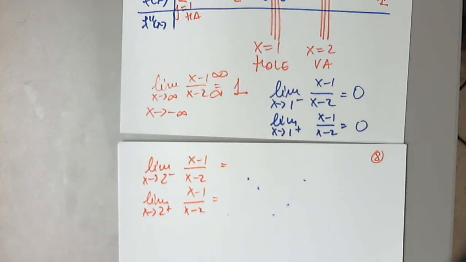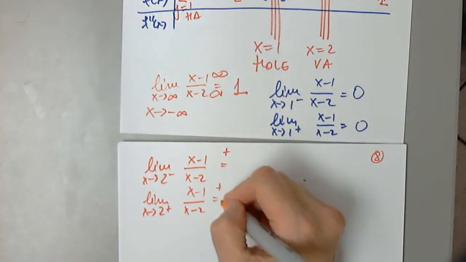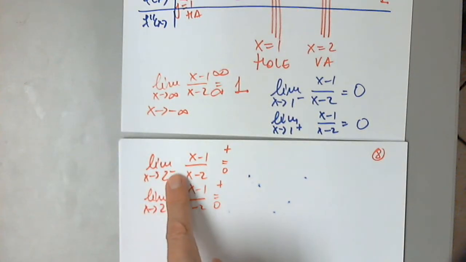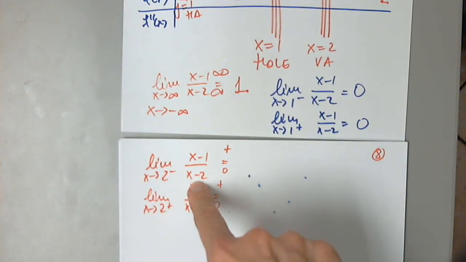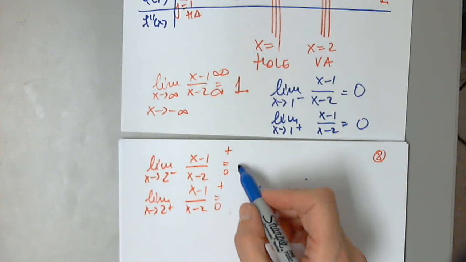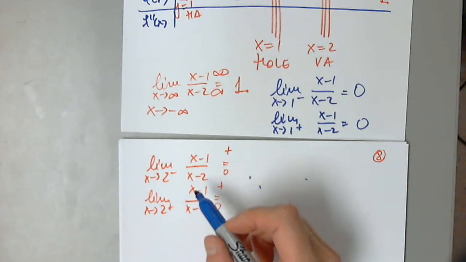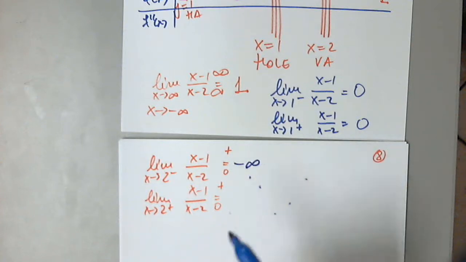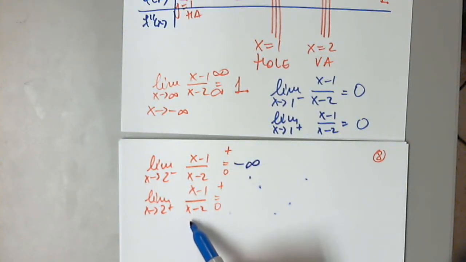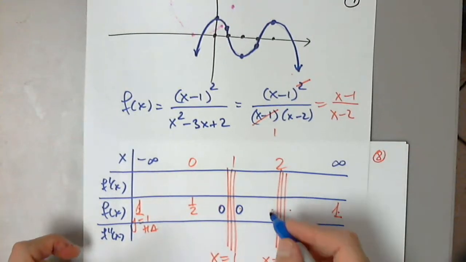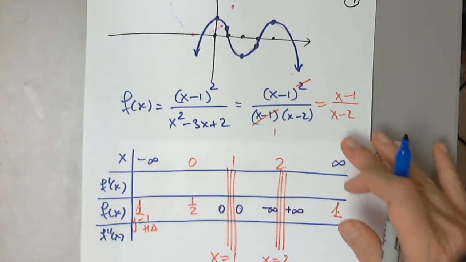No question there. And the denominator will be 0 in both situations. So 2 from the left is 1.9. What is the sign of the first one? So 1.9, oh, negative, very good. And then 2.1, good. I copy them here. On the left, negative infinity. On the right, positive infinity.